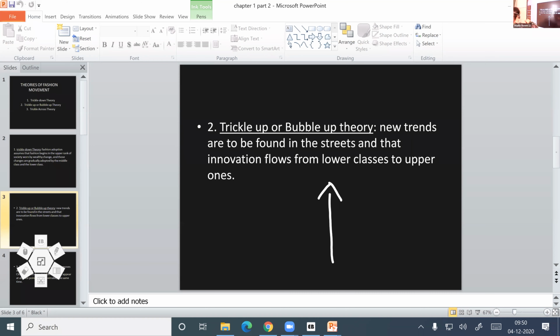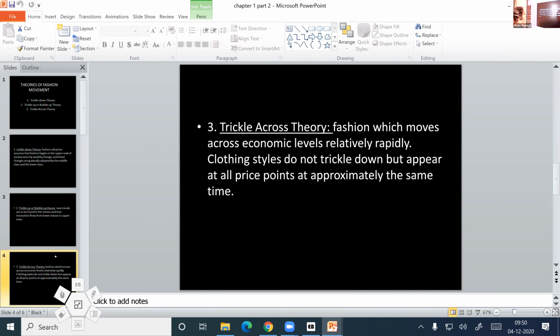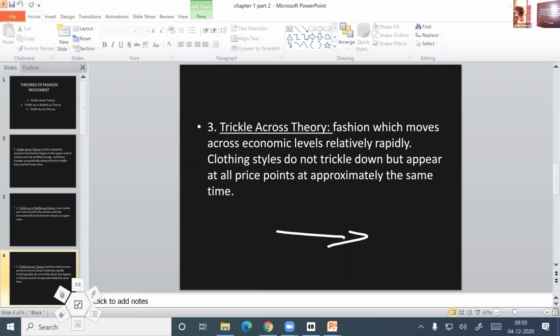Then the next theory is trickle across. Trickle across theory: the fashion which moves across economic levels relatively rapidly. Just remember, clothing styles do not trickle down but appear at all price points at approximately the same time.